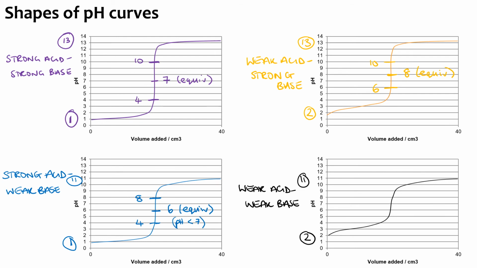Now what you should notice here is that there is no vertical part of the graph. There is no bit of that graph that goes straight up or straight down. So that means that there is no value that we can work out for equivalence. You cannot determine equivalence point for a weak acid, weak base, or weak base, weak acid titration using a titration curve. So we would just leave that.